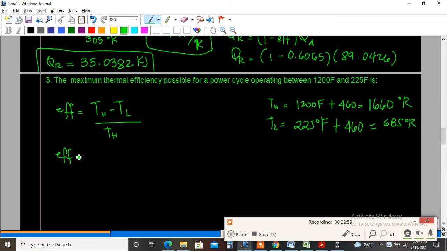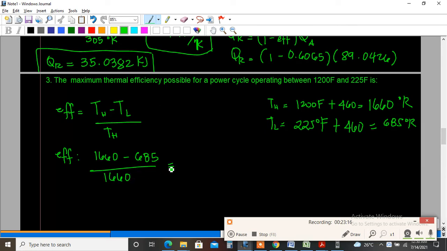So we will be able to solve the efficiency. Efficiency will be equal to 1660 minus 685 over 1660.